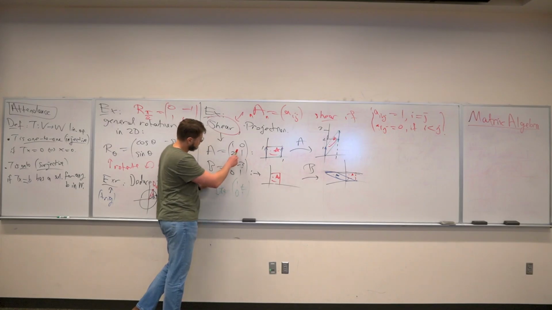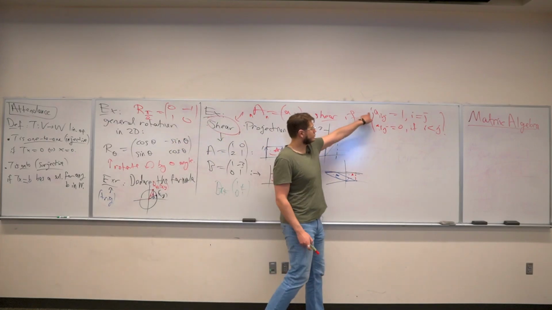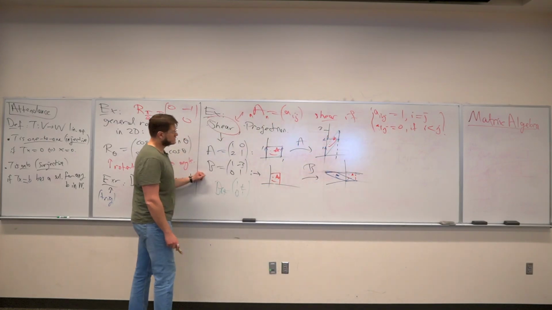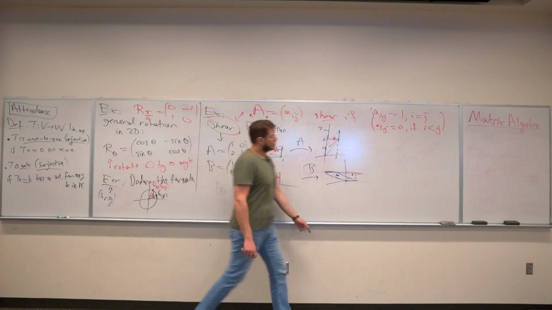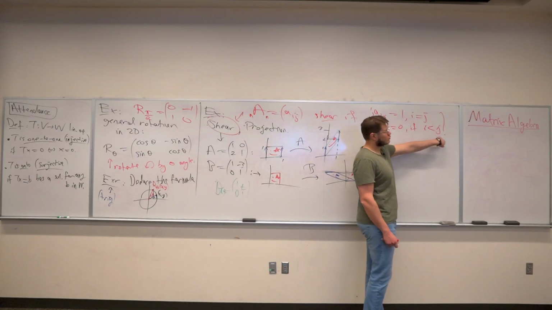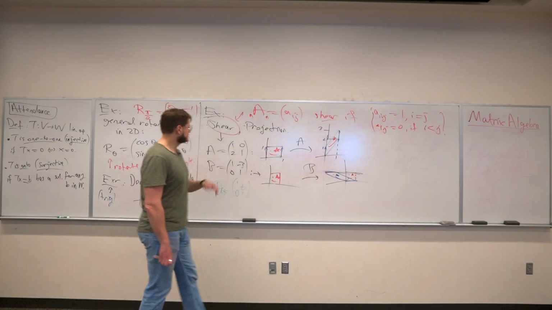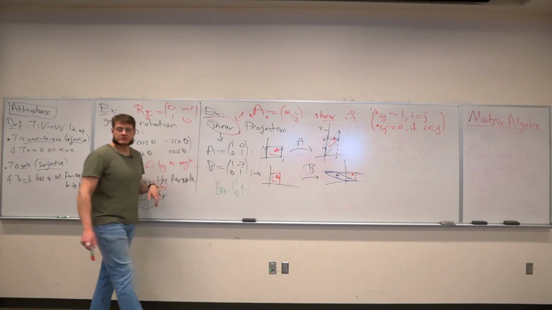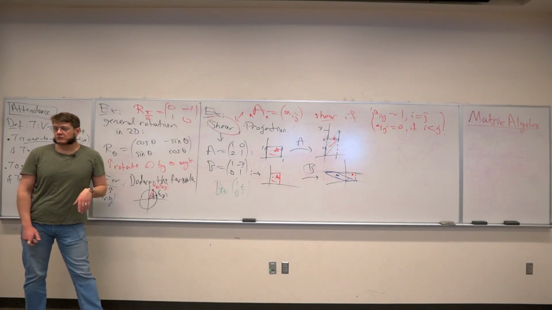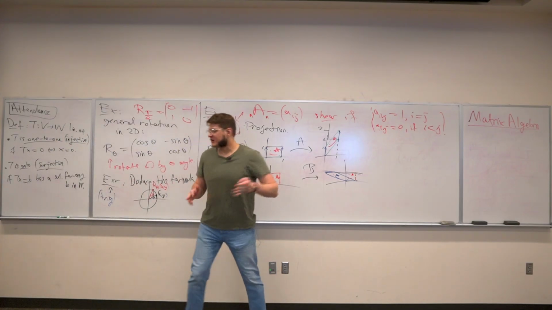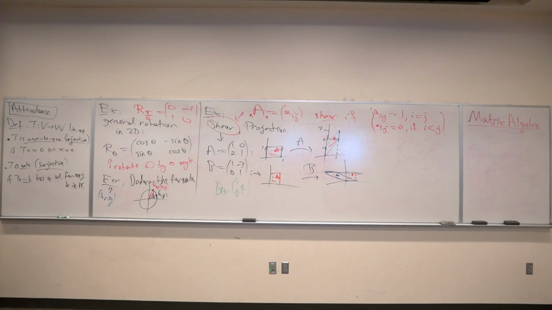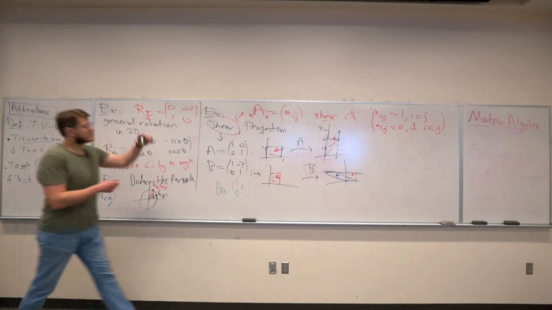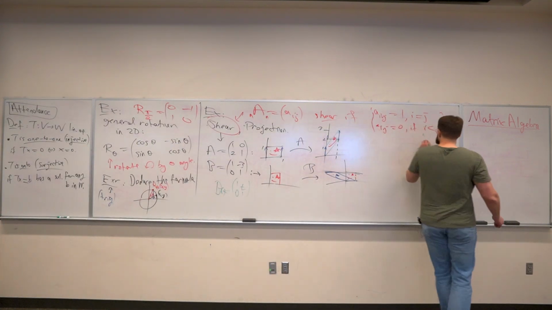So for instance, A11 is 1, A22 is 1. That's the first condition. And then what is the second condition? If i is 1 and j is 2, I'm looking at row 1, column 2. I'm saying it is 0. Okay? So using the stars and so on, we can say, for instance, with 3 by 3, a shear looks like this.